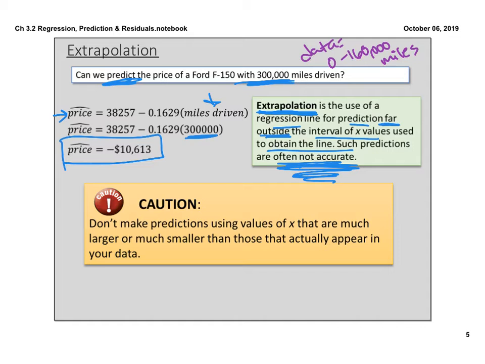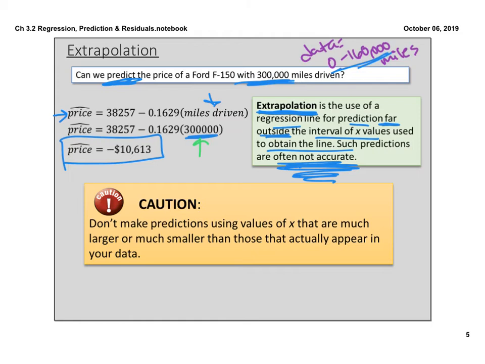Since the data that we used to create the regression line went from 0 to 160,000 miles, that was the range of our data. When you use that same equation to predict for 300,000 miles, that doesn't make any sense. 300,000 miles is far, far away from 160,000 miles. So that's way outside of the range of data that was used to make that equation, which means that I cannot use that equation to predict that value.